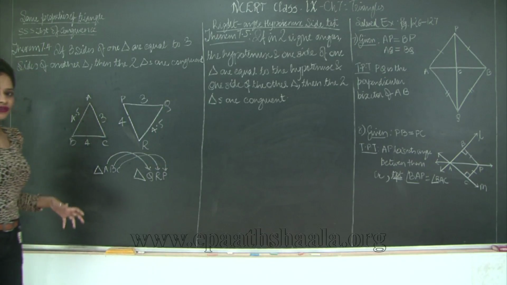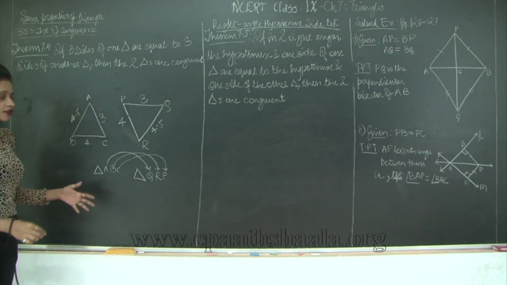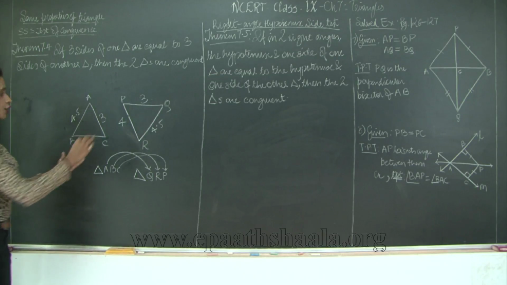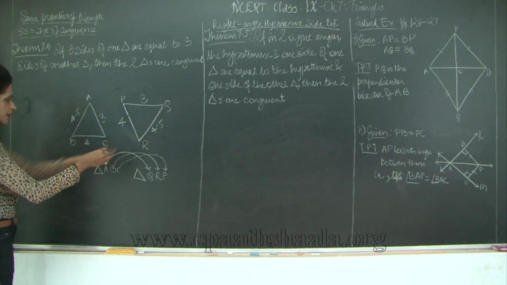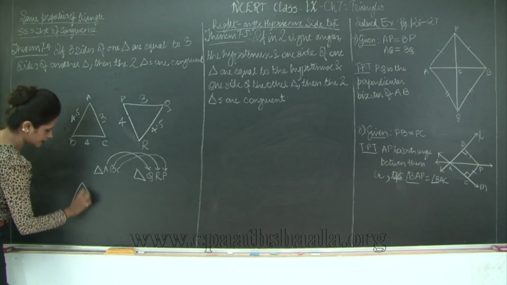Can we say that the two triangles are congruent? Yes, the two triangles are congruent. How would you prove that? You are going to tilt your triangle in such a way that now this triangle PQR looks like this.